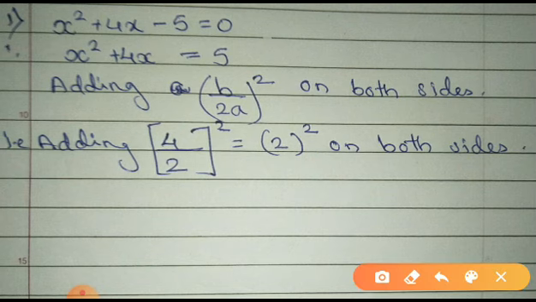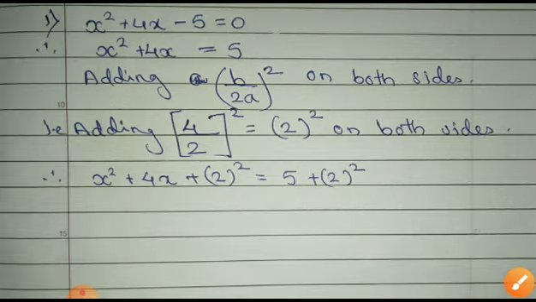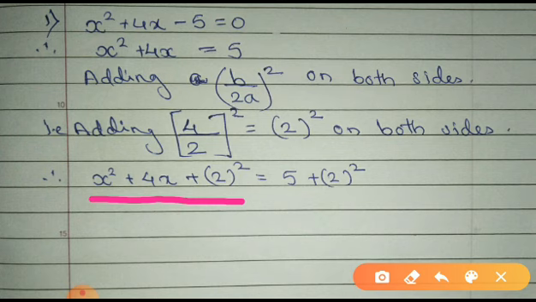That 2 square should be added to the left hand side and to the right hand side. I have to add b by 2a the whole square, that means 4 by 2, that is 2 square, on both the sides. So the left hand side I'll get as x square plus 4x plus 2 square equal to 5 plus 2 square. Now just observe your left hand side. X square, again here 2 square is also a square term.